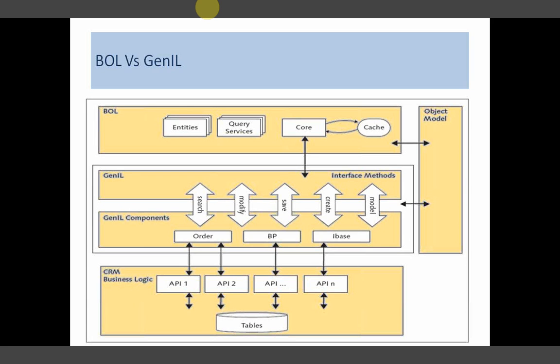Query service is nothing but when we search for some data. And in WebUI, the query services are divided into two: one is static service and another one is dynamic service.